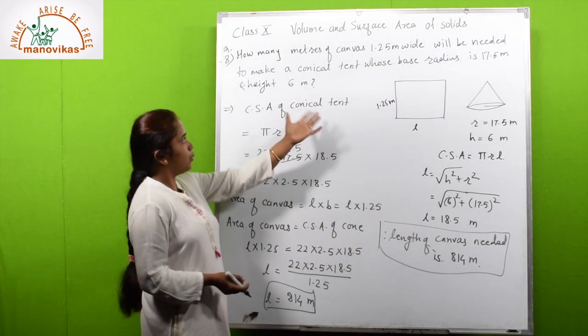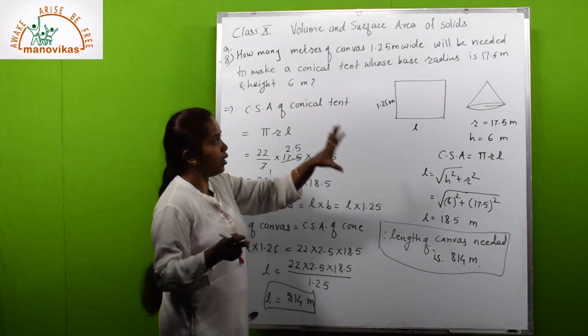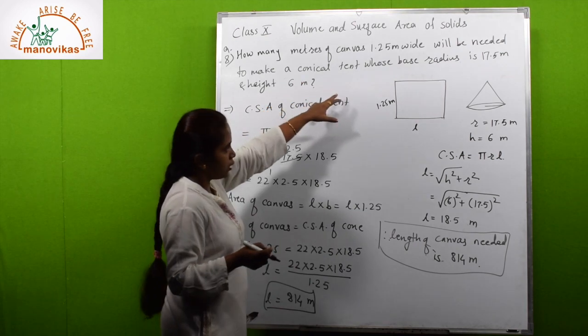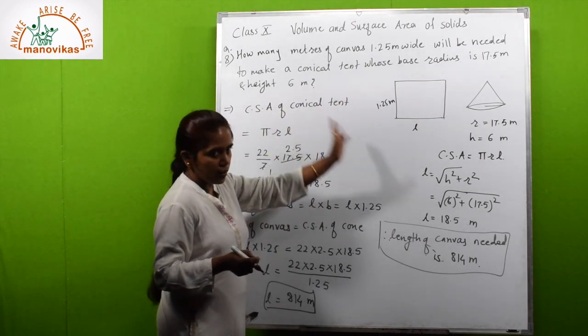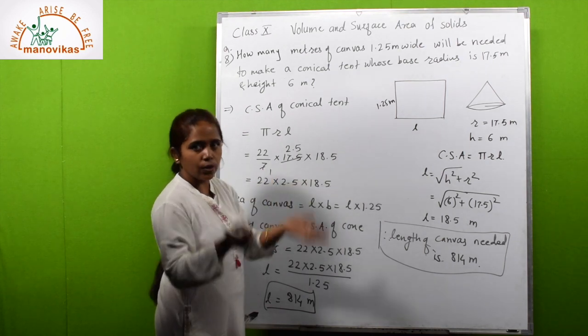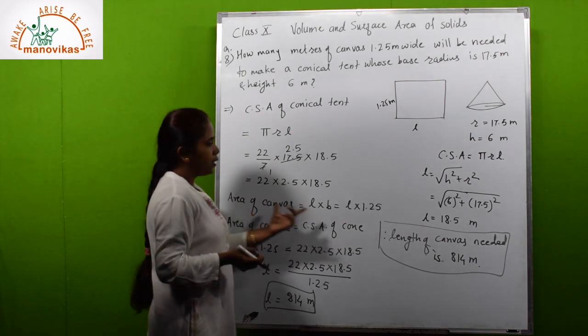So here the canvas is turned into the form of a conical tent. So we have to compare the surface area of the cone, that is the curved surface area, and the area of the canvas.